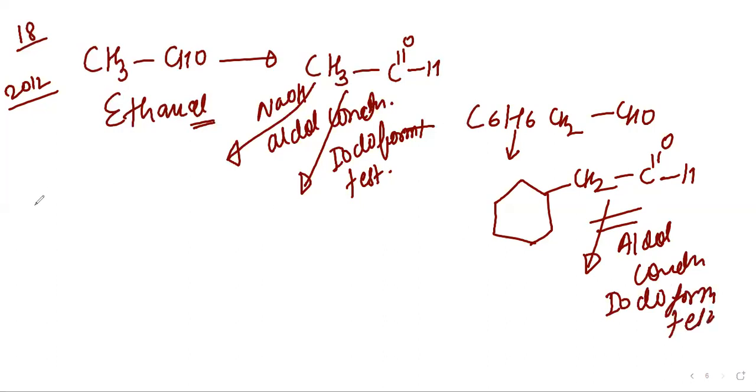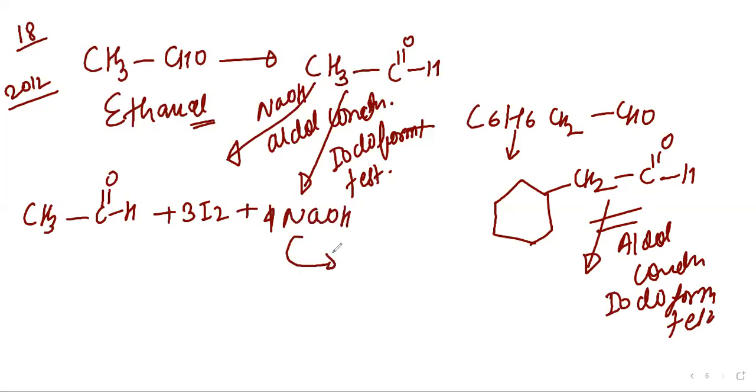Now I will write the reaction for ethanal, CH3 C double bond O H. When it reacts with iodine, I2 plus 4NaOH, it will form CHI3. This is your iodoform. Like chloroform, bromoform, when it is iodine, then it is called iodoform.